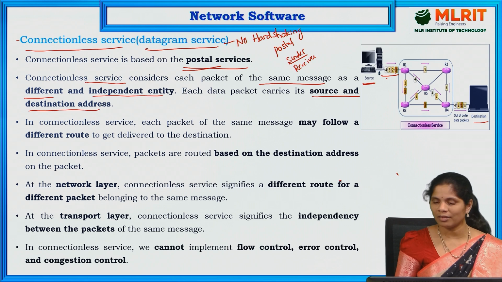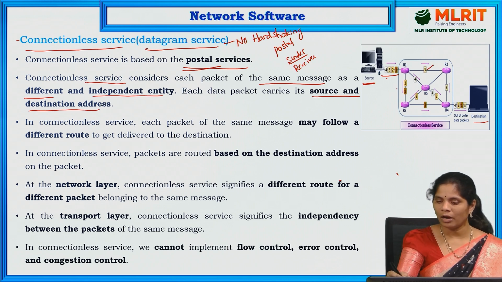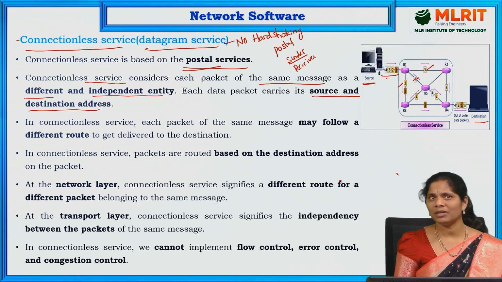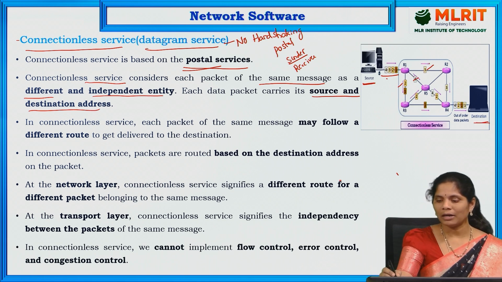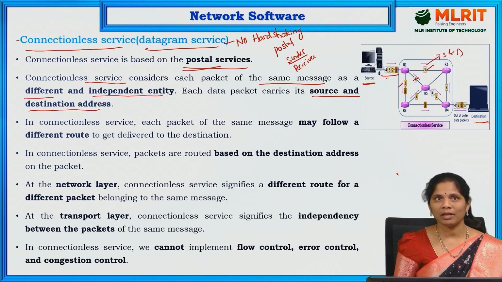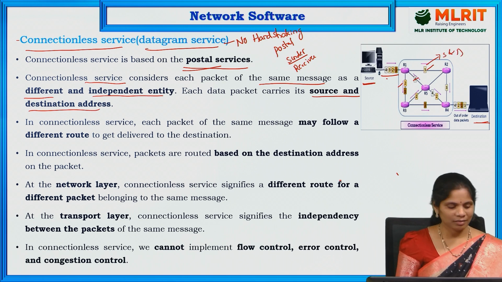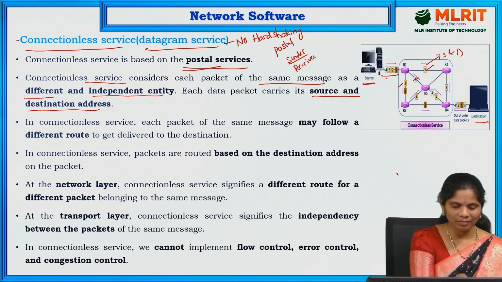Packet 3 selected this route, 2 and 1 selected this route, and 4 selected this route. Each packet selects a different route to reach the destination. At the same time, each packet has its source address and destination address. That is connectionless service. Each packet of the same message may follow a different route.